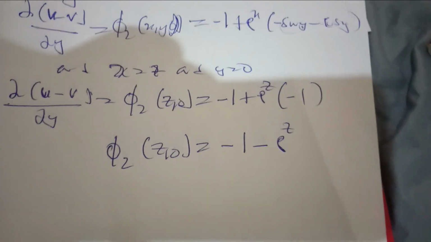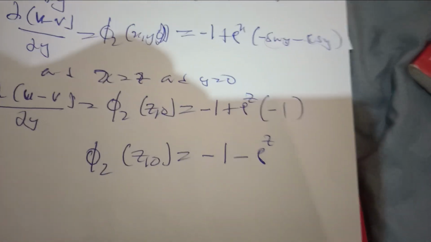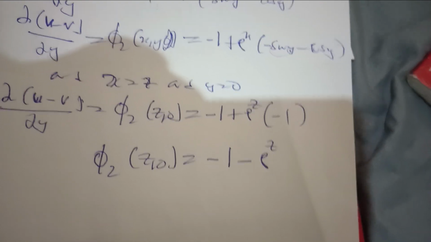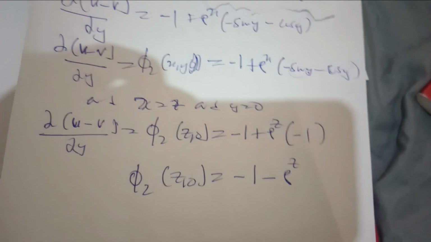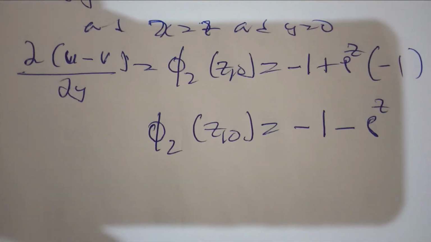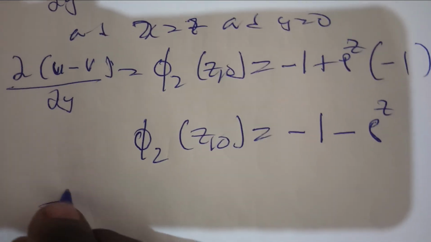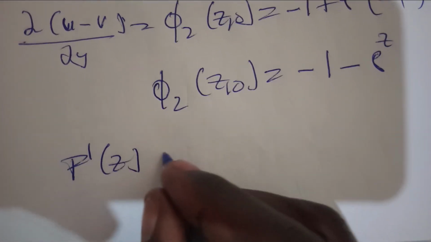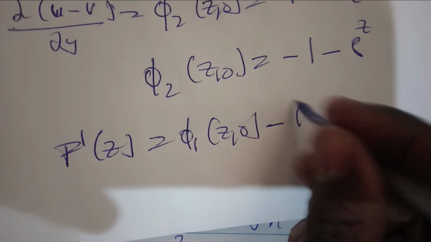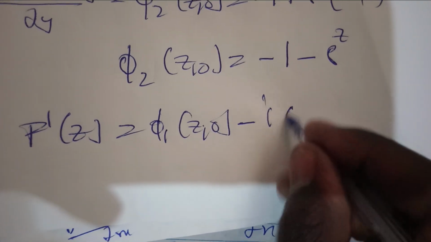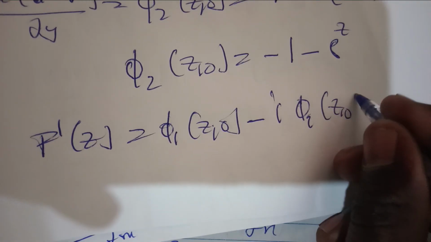So since we have these partial derivatives and we are told to find the analytic function, and we know that the derivative of f is equal to phi 1(z, 0) minus i times phi 2(z, 0).